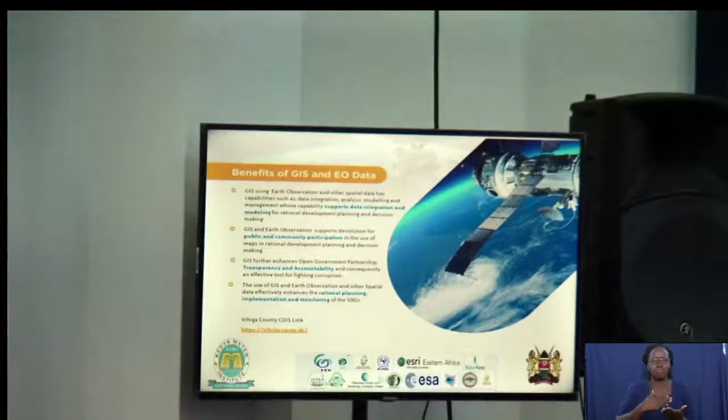So now, for all the information on land, you no longer go to the Office of Survey to find out whether somebody has put a caution on your land or not. You'll be able to access it. And those of you in Nairobi, you can now access your land information, cadastre, through the spatial data sets.